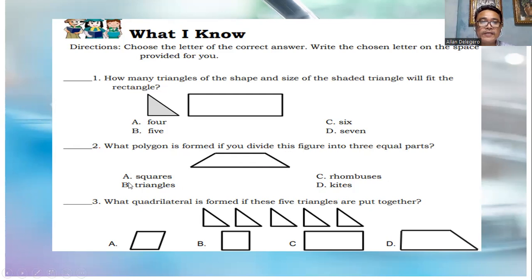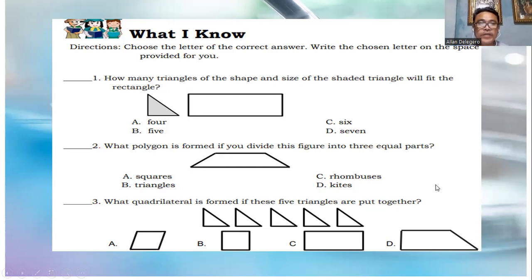A, squares, B, triangles, C, rhombus, D, kites. Three, what quadrilateral is formed if these 5 triangles are put together? A, B, C, and D.